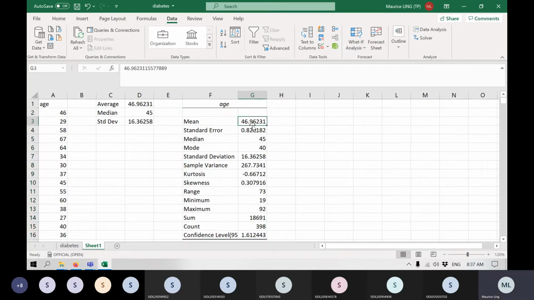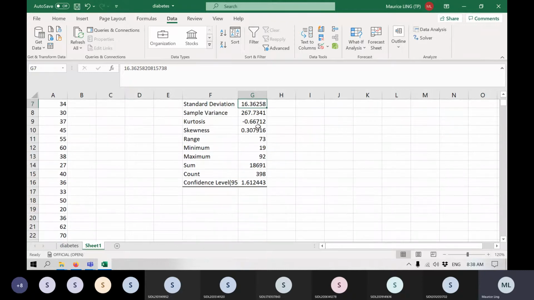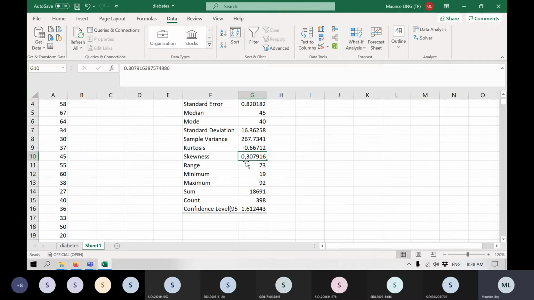So I got the mean, the standard error, the median, mode, standard deviation, sample variance. Sample variance simply is the square of standard deviation. Kurtosis and skew, you do not really need to know about. The range is maximum minus minimum, the sum, the count, and so on.